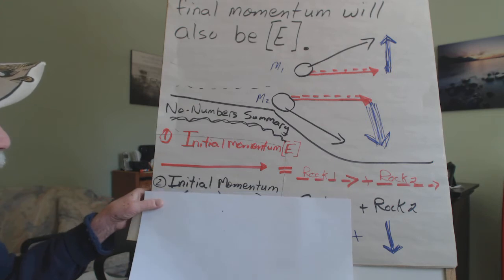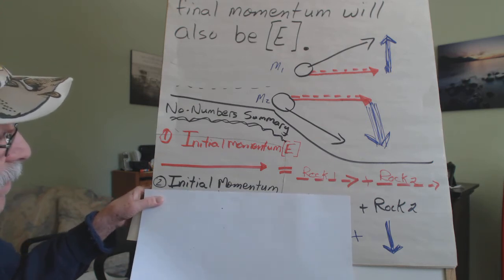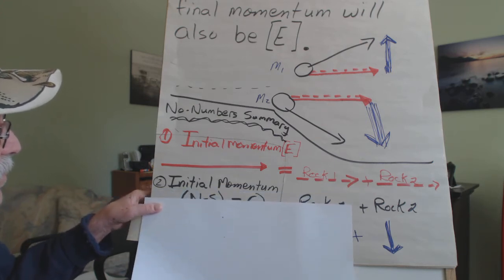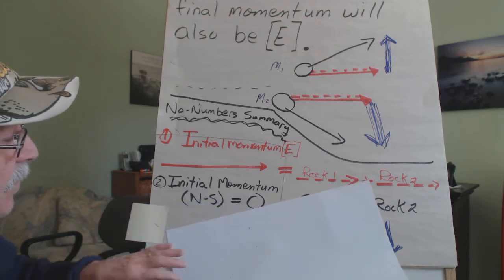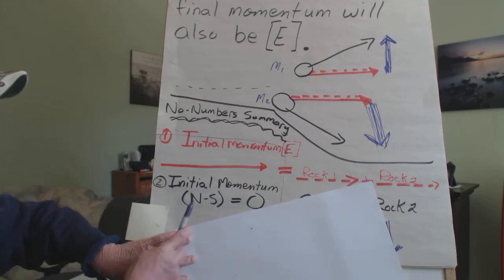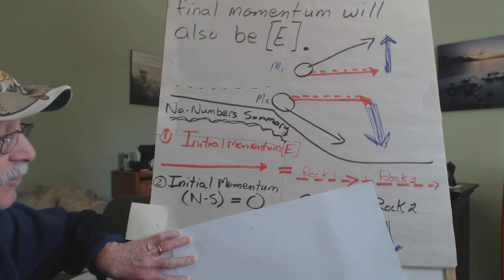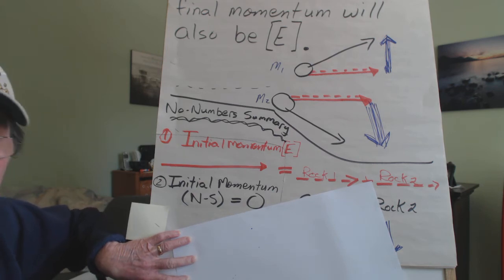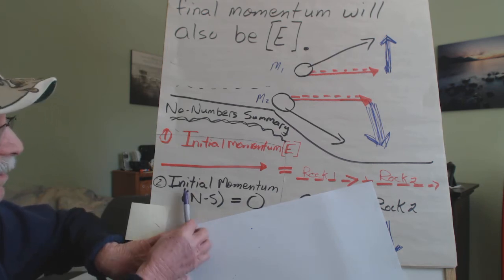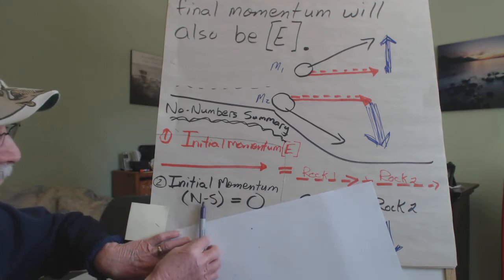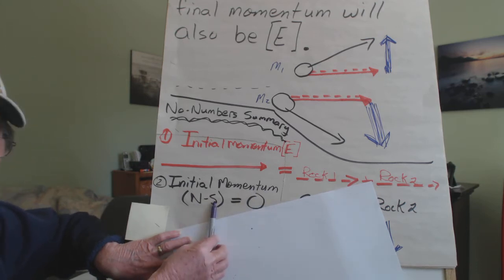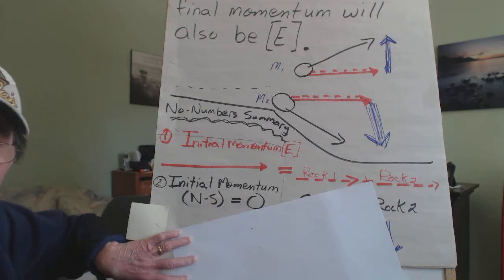Now, what about the initial momentum going other directions? In particular, I'm talking about the north-south direction. Well, there was no momentum. The initial momentum in the north-south direction is 0, because there's no velocity in any direction except east, or positive x, along the positive x-axis.